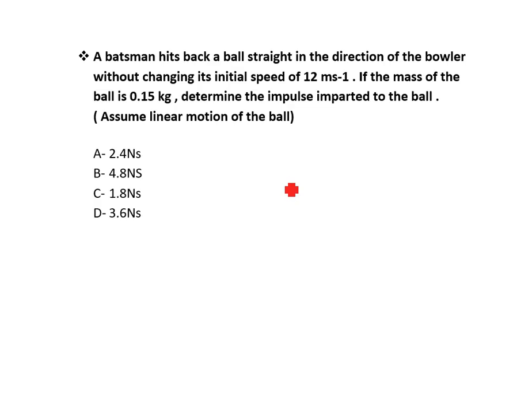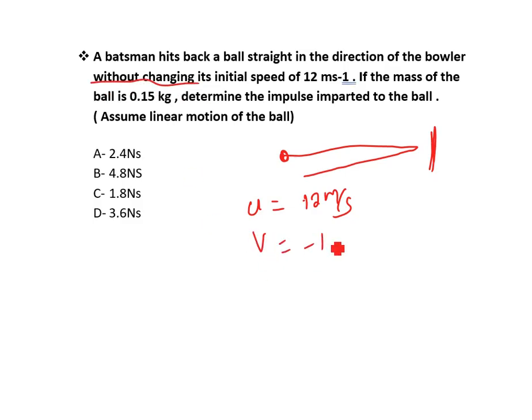We have to find out its impulse. Look, this is the ball and the batsman is standing here. When the ball is going in this direction and returns in this direction, let its velocity when going be 12 meter per second. Without changing its speed, it is given, so v will just change its direction, so it is written as minus 12 meter per second.